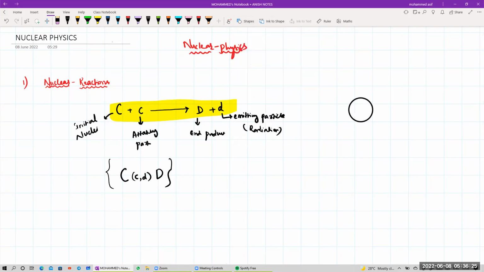Tell me, if this is your atom, you know that at the center we have a nucleus, that is Z into e, which has protons and neutrons. There are protons as well as electrons.